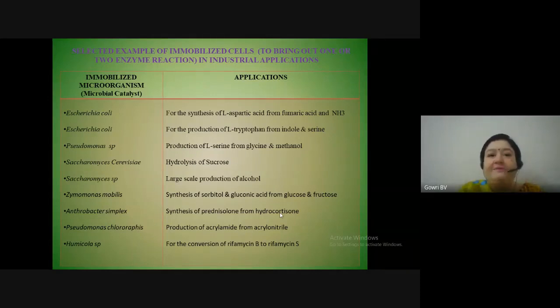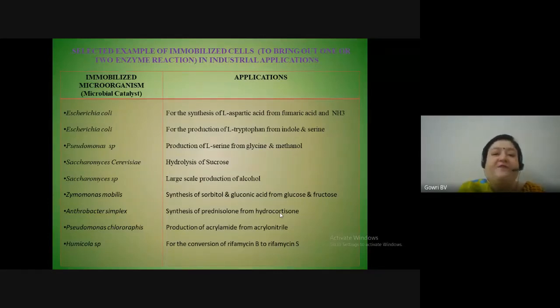You have two columns again. The left side is the immobilized microorganism, which is the microbial catalyst. On the right hand side you have its application. I will go ahead with it. Escherichia coli for the synthesis of L-aspartic acid from fumaric acid and ammonia. Escherichia coli for the production of L-tryptophan from indole and serine. Pseudomonas species for the production of L-serine from glycine and methanol.